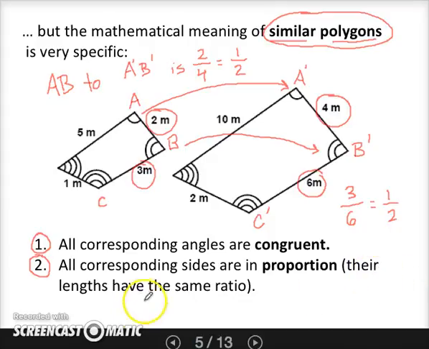So the side lengths have the same ratio. And if we wanted to figure that out for all 4 sides, we would find that since these two polygons are similar, the ratio between this side and this side, and this side and this side, would also be 1/2. Every side would have the same proportion.